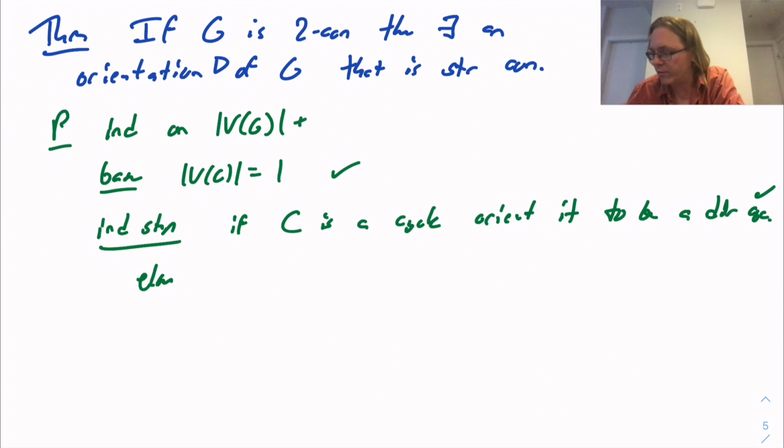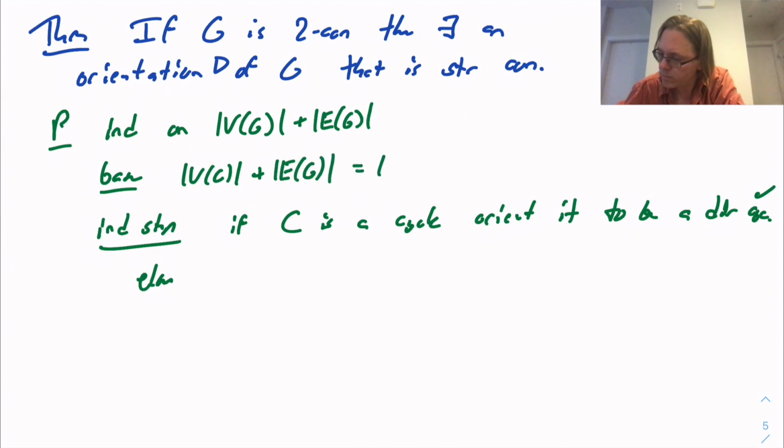I should have said, sorry, let's do induction on vertices plus edges.